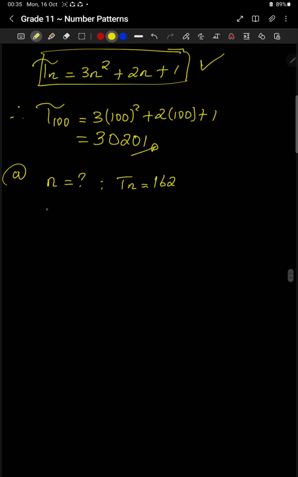So this formula says Tn is equal to 3n squared plus 2n plus 1. In the place of Tn, I'm going to put 162, and then 3n squared plus 2n plus 1. And then we just work it out. So we're going to transpose 162 to that side.